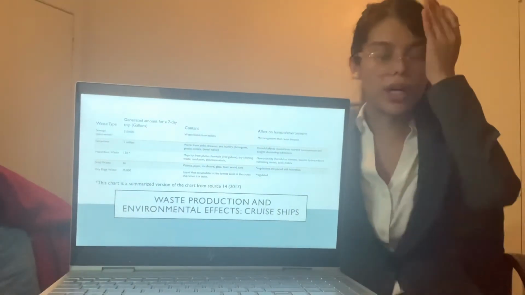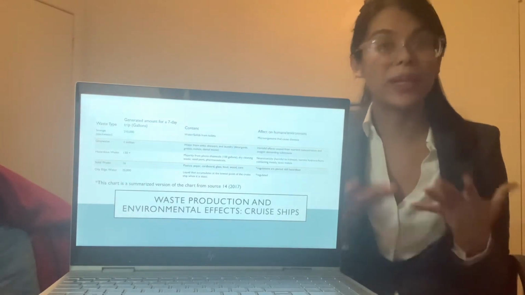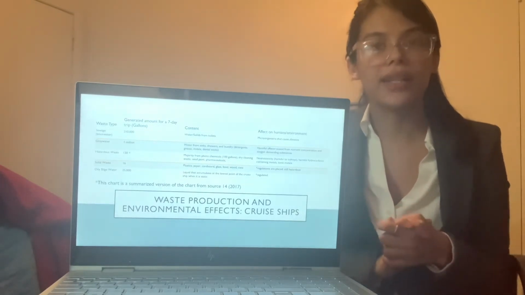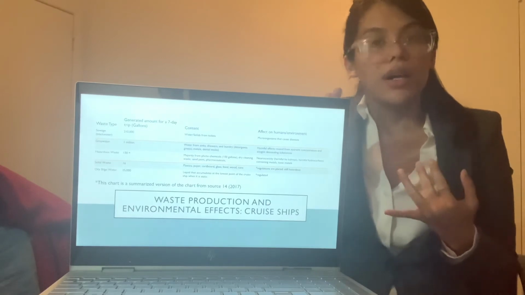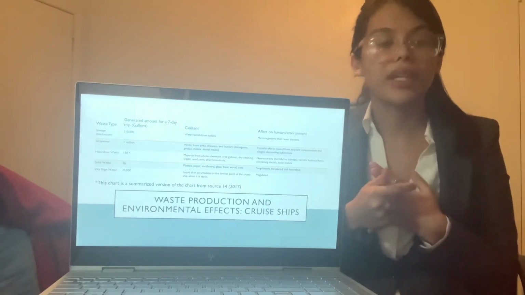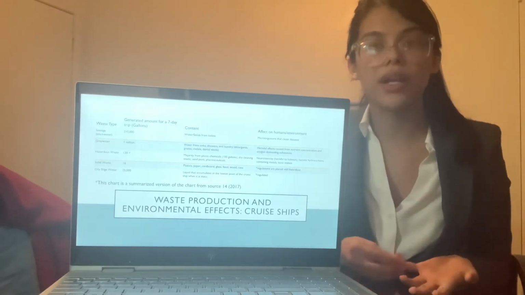The biggest waste being produced on cruise ships, and the only one I will be discussing, is gray water, and that comes from sinks, showers, and the galley, and it contains harmful things like detergent.